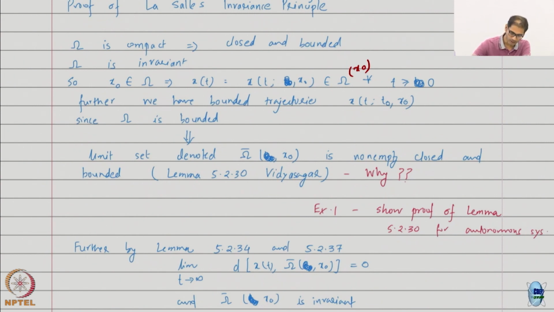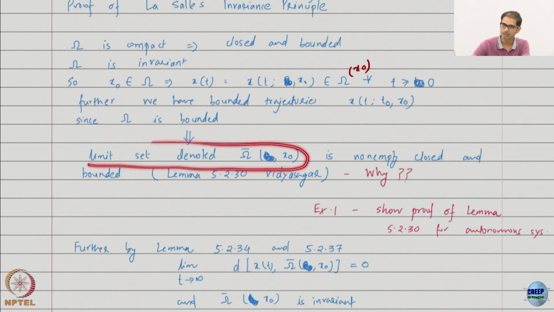So we denote the limit set as omega bar of x0. I know you might have used this notation to indicate closure of a set, but this is not the closure of the omega set, this is a different set. I am just denoting the limit set as this, just a notation.